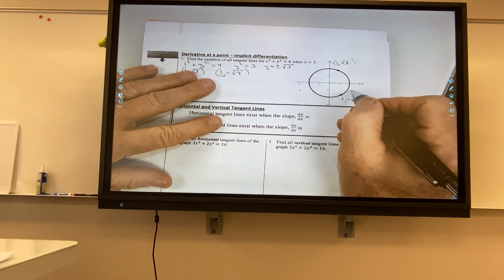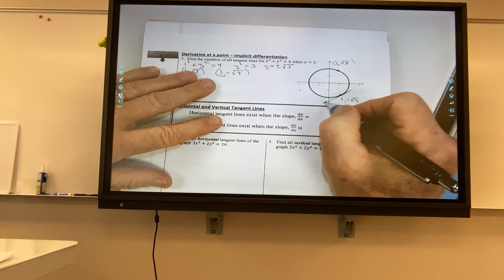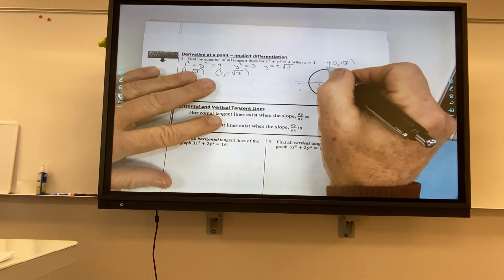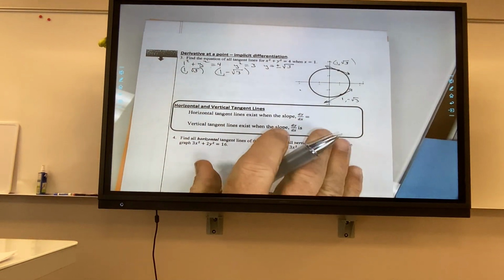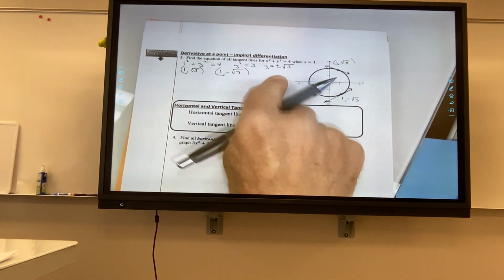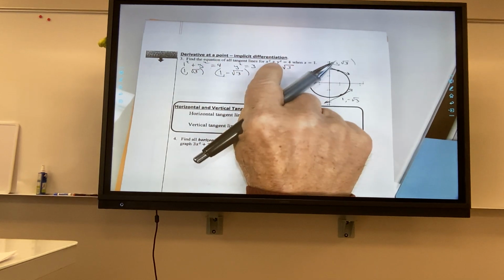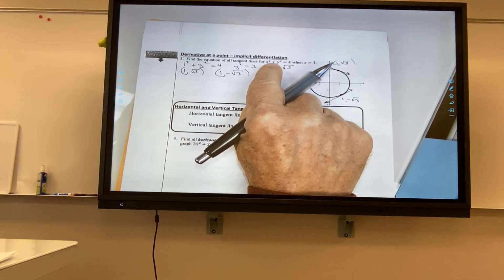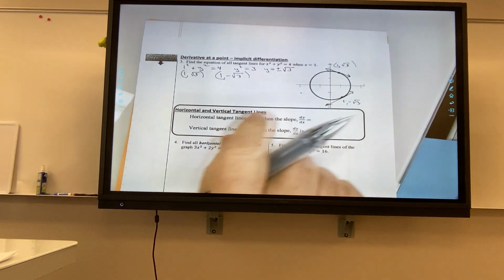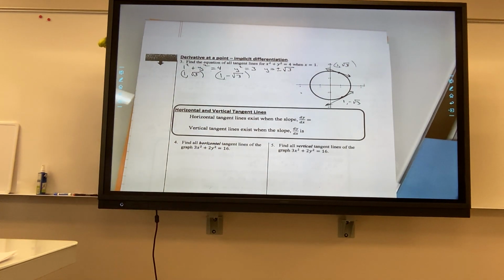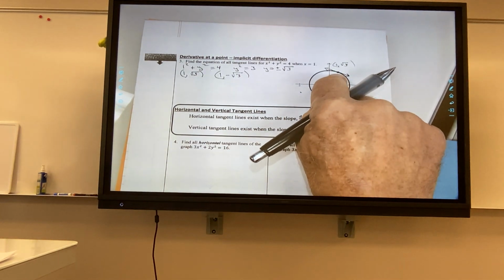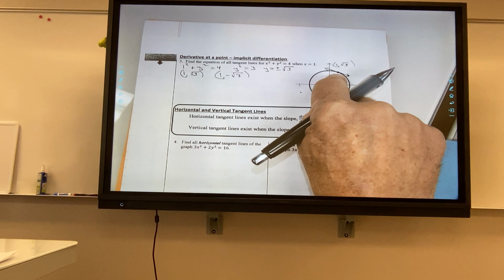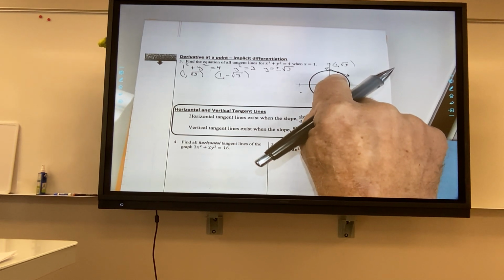It's going to have a tangent line that goes like this, and a tangent line that goes like this. So I'm saying there are 2 points, there better be 2 tangent lines. This one better have a positive slope, this one better have a negative slope. But the absolute value of those slopes should be the same.